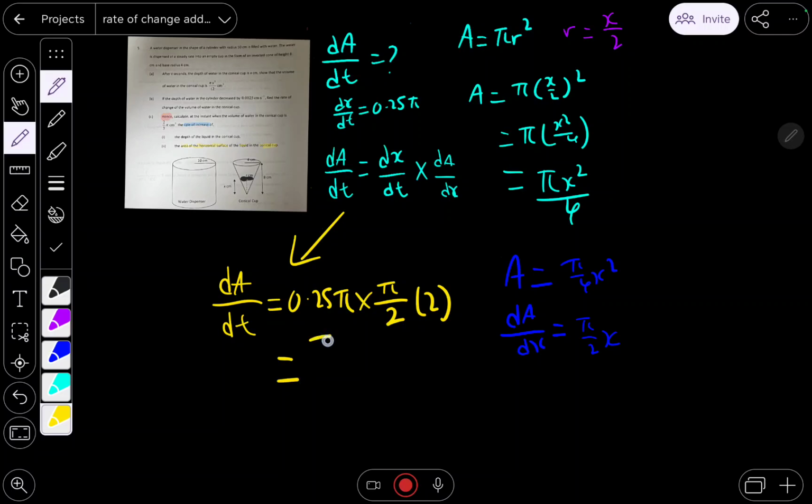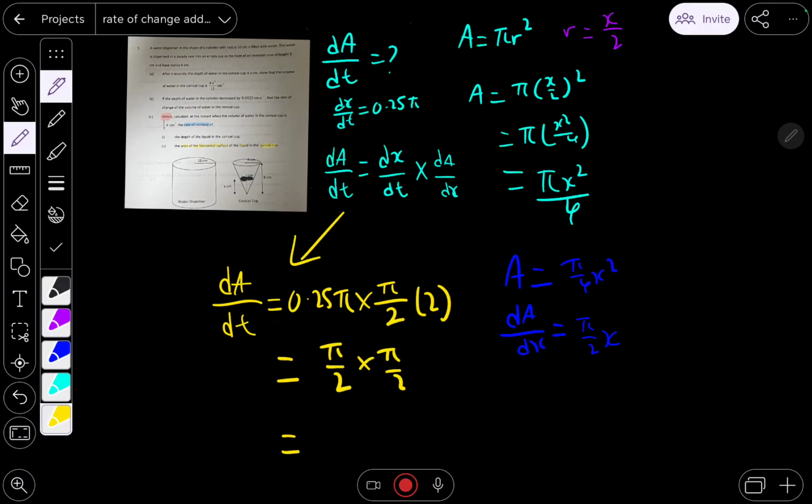This will be pi over 4 times 2 pi over 2. Wait, we can just do 0.25 pi times 2, which is 0.5 pi, or pi over 2, times pi over 2.